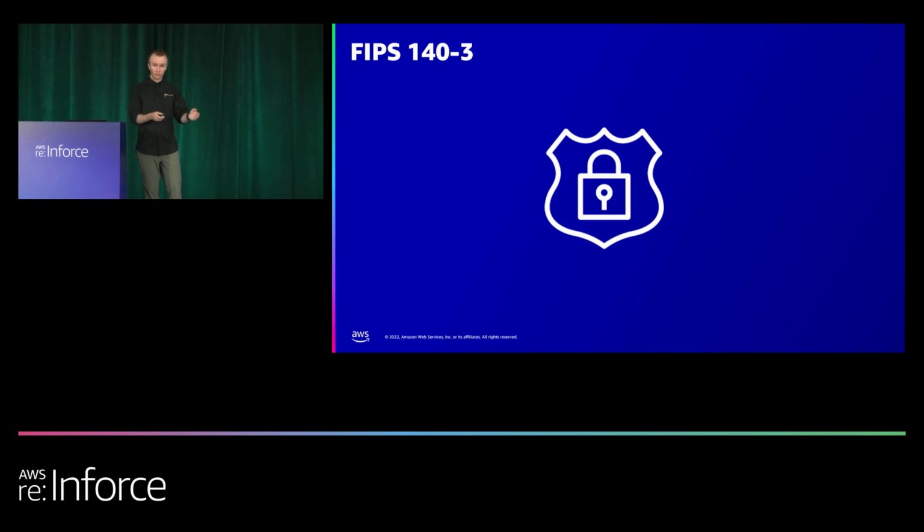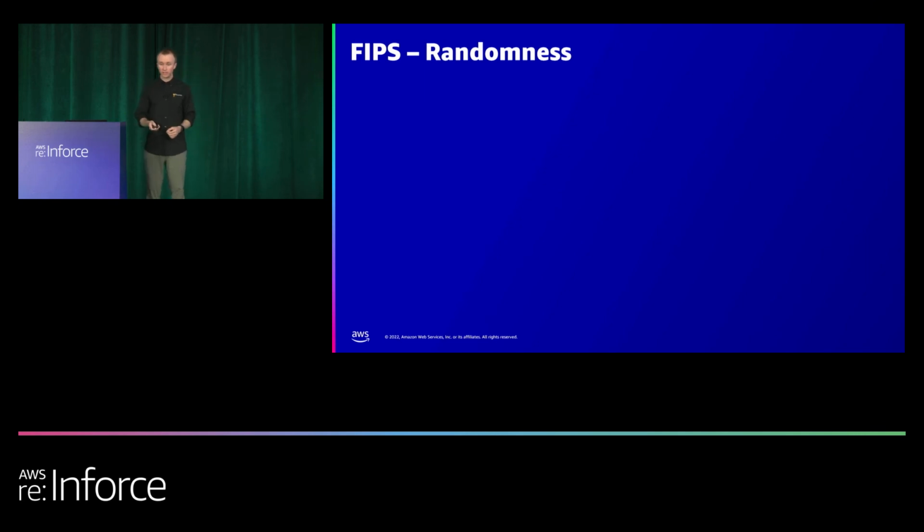And in this transitionary period, NIST added some new requirements to the FIPS 140 standard, and have also tweaked some of the algorithms available in the new standard. And AWS-LC had two main development points that we had to tackle in our submission process for FIPS. The first is randomness.